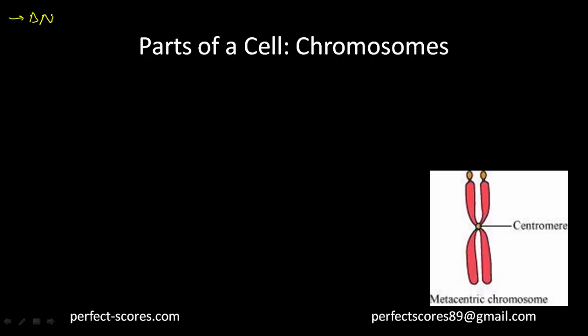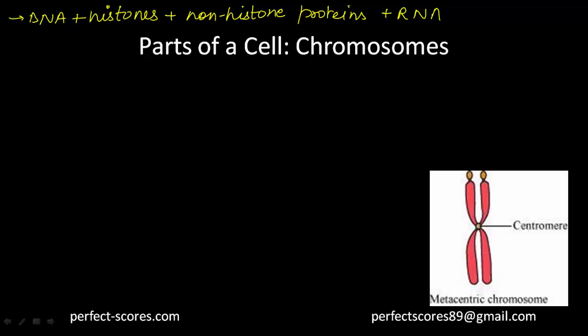It contains the DNA and also some basic proteins that are known as histones. Now there are some non-histone proteins also, and there is a little bit of RNA also. So that is the composition of the chromosome or the chromatin as it is present in the interphase nucleus.